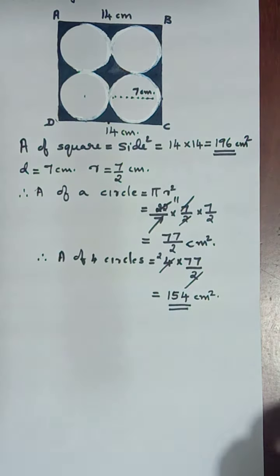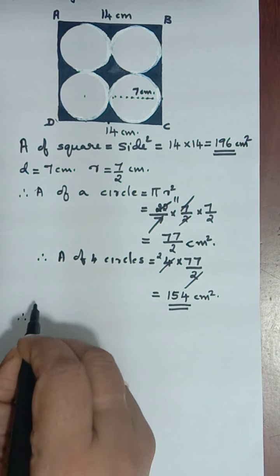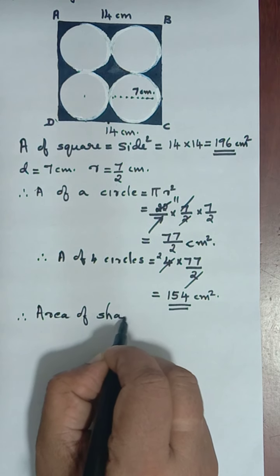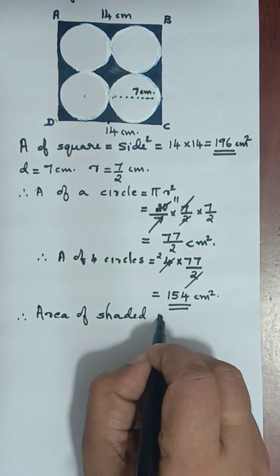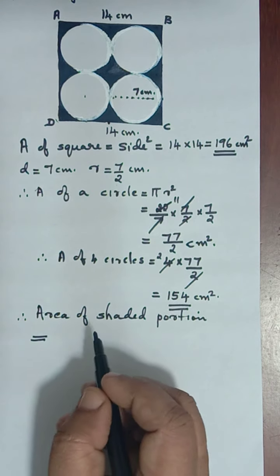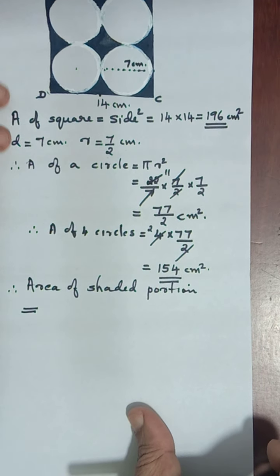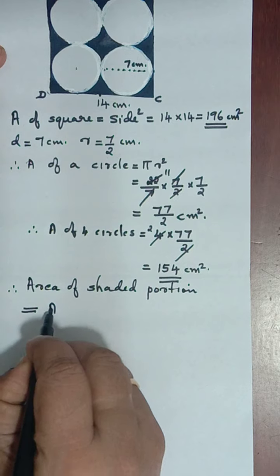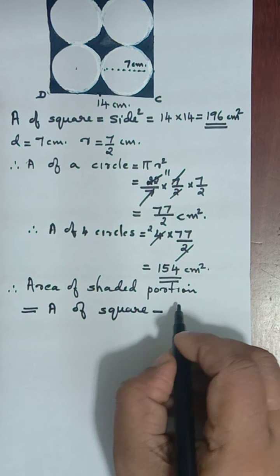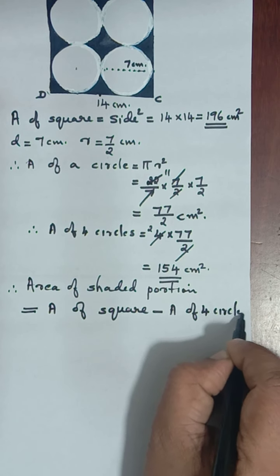This 4 circle area should be subtracted from the area of the square. Therefore, area of the shaded region or shaded portion, according to the question, we have to write as a formula. How do we write that? That's equal to area of square minus area of 4 circles.